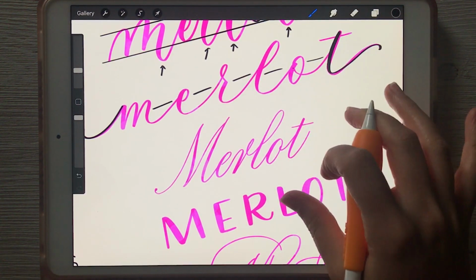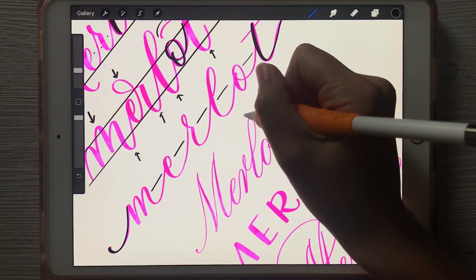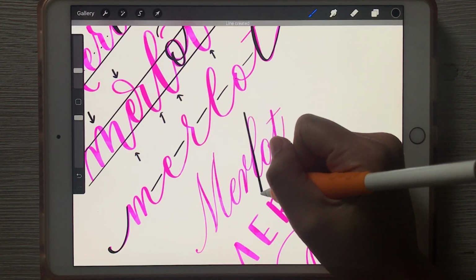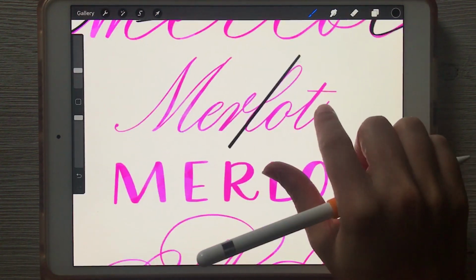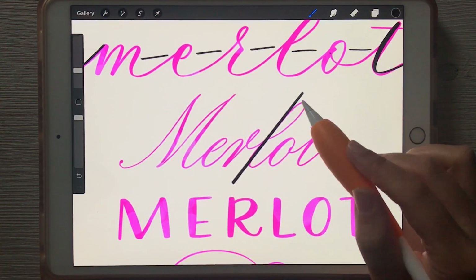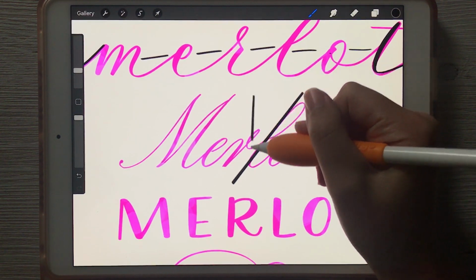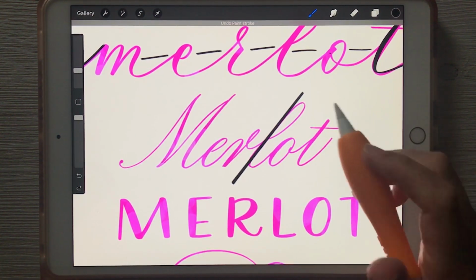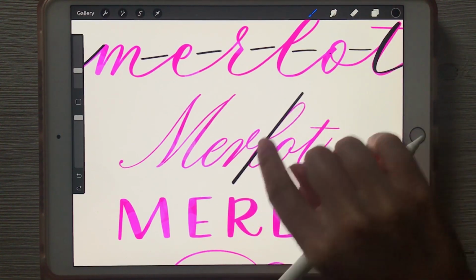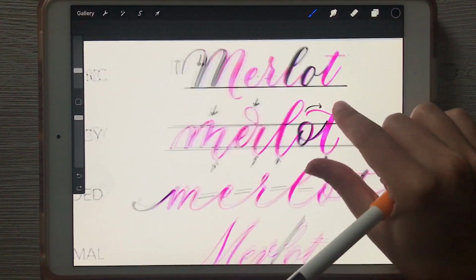So if we just take a look at this L, I'm just going to trace the straight part of the L. You can see that the spine of the L is really leaning over compared to a straight up and down line like this. So in a formal style, we have a much more deep slant here versus some of the other styles.